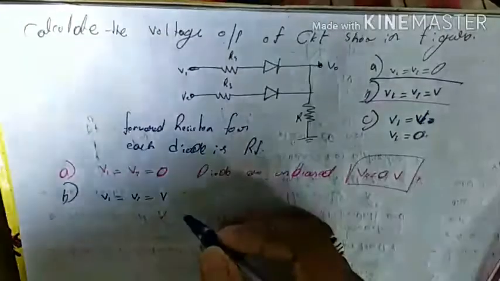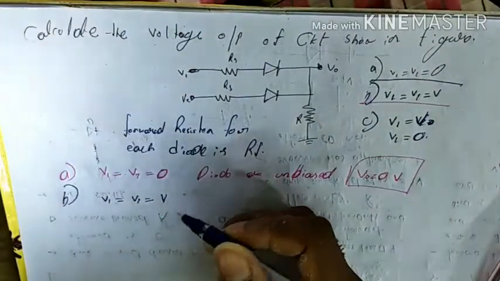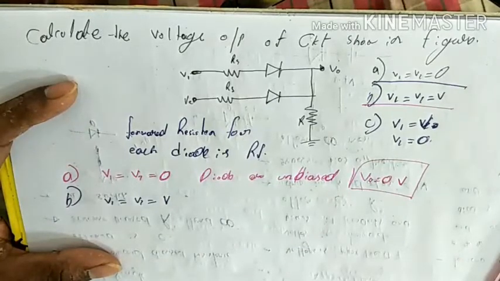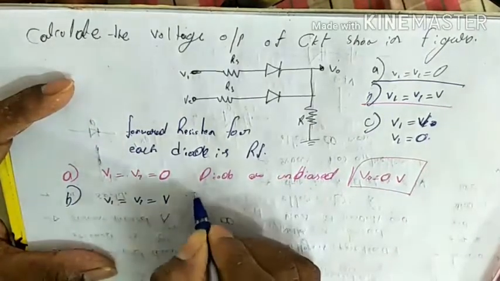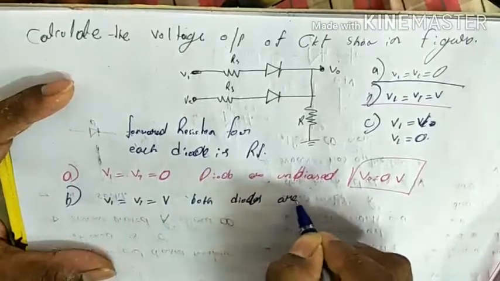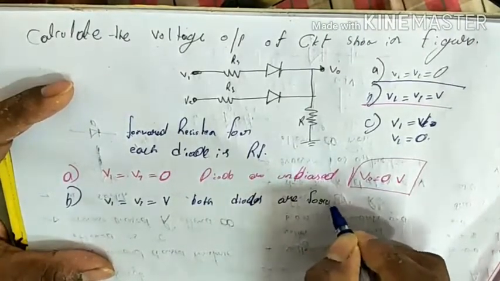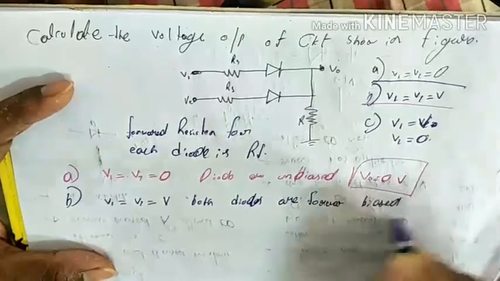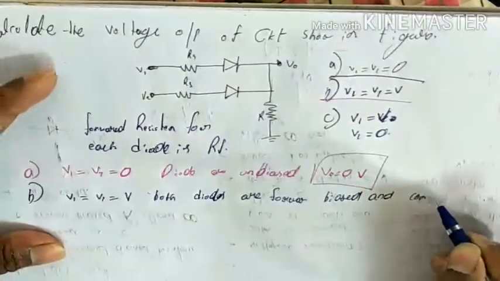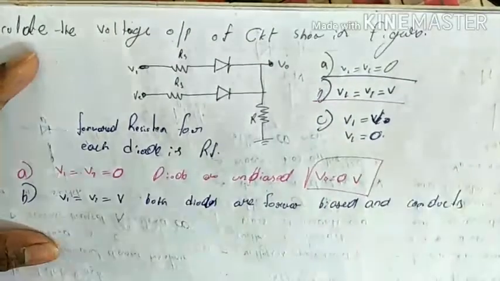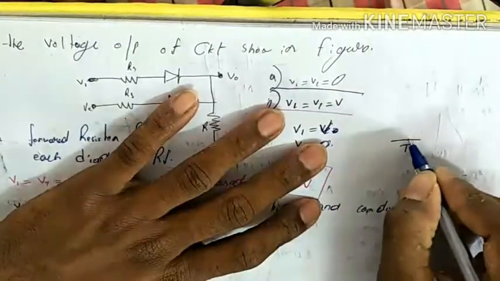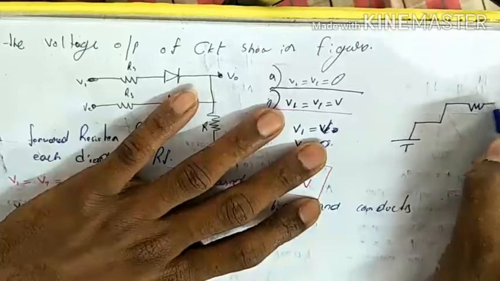Here, the V1 and V2 are the same as V. Both diodes are forward biased and conduct. So how will the output circuit become? See, this is the output circuit.